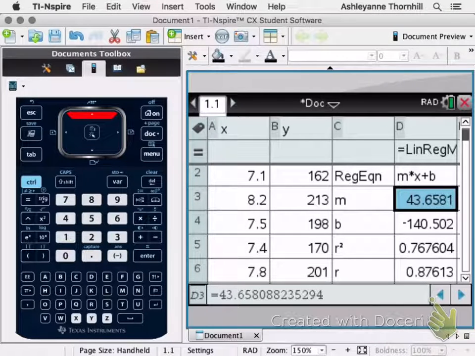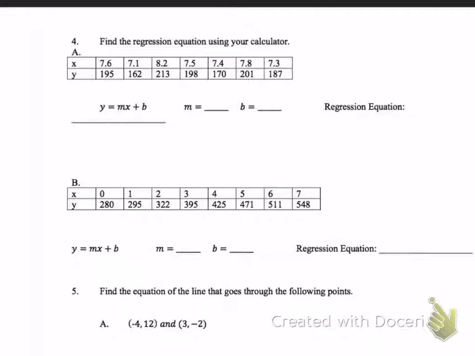And then the regression equation would be y equals mx plus b. So I want you to write out your regression equation in y equals mx plus b form. For your m, that was your slope, you should have 43.66. For your b, it should be negative 140.5.